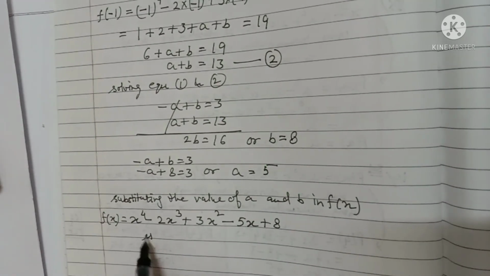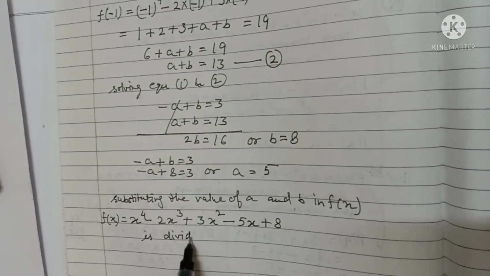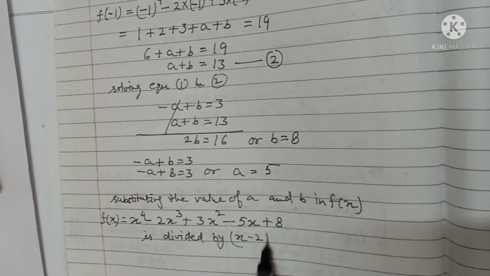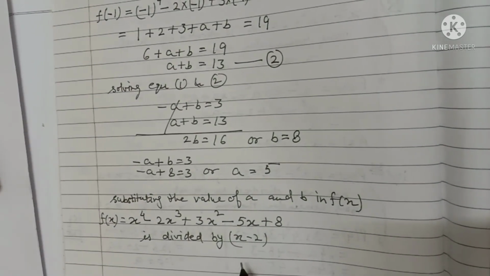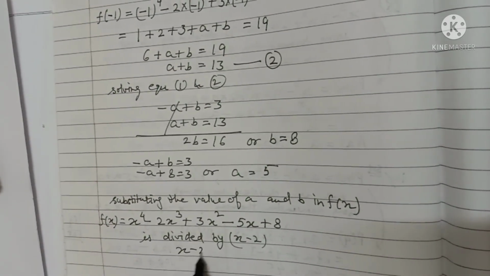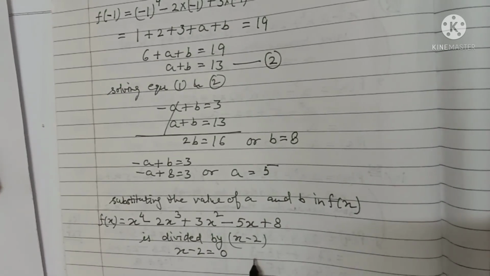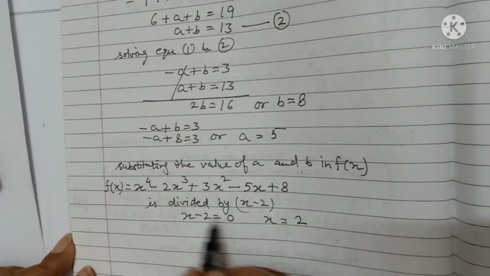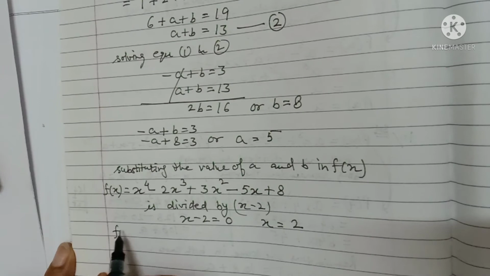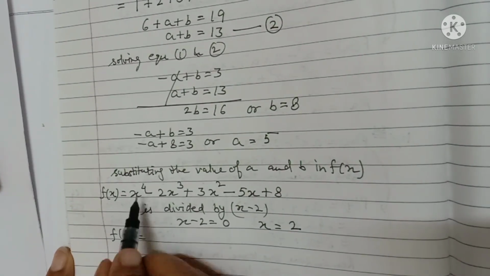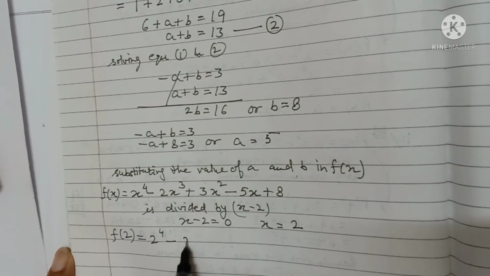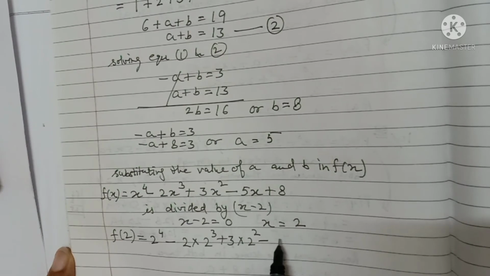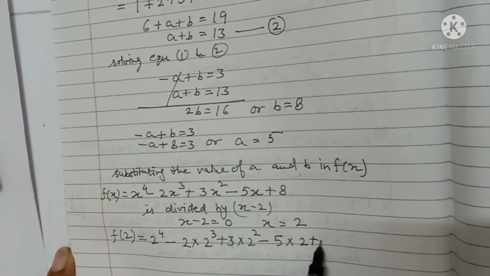This is divided by x minus 2. So put x minus 2 is equal to 0. To get the remainder, we have to substitute the value x is equal to 2 in the polynomial. So find out the value. f(2) is equal to 2 to the power of 4 minus 2 into 2 cube plus 3 into 2 square minus 5 into 2 plus 8.